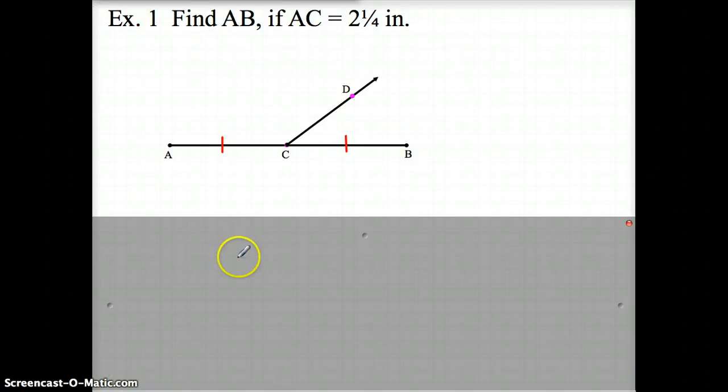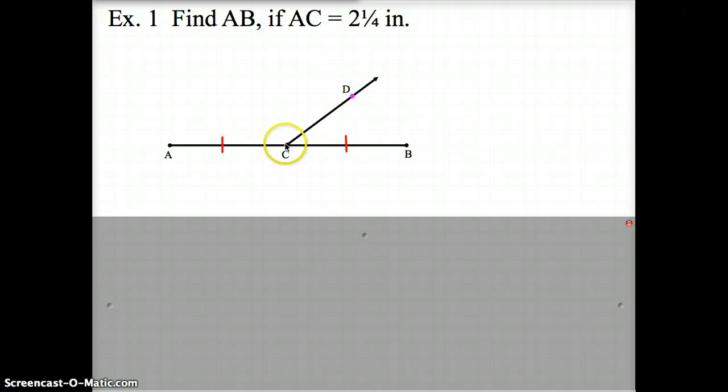So let's look at example 1. We're finding the length of AB, so this whole line segment, if AC is 2 1/4 inches. Then we know that ray CD is the bisector because we've got these two slashes here.